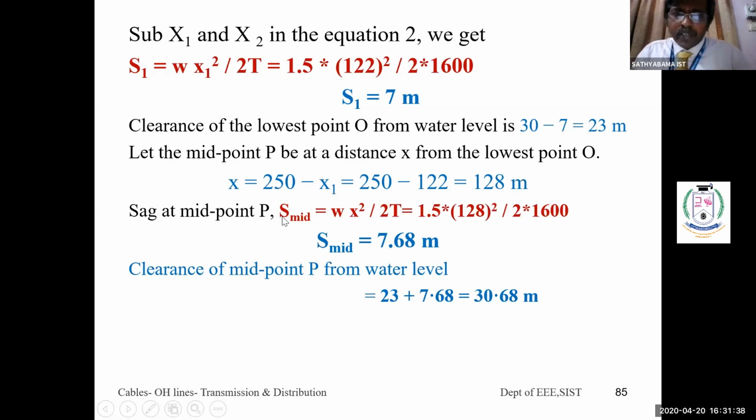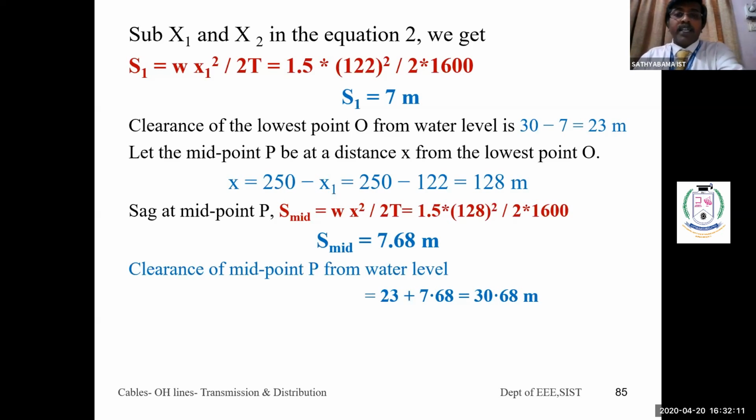And sag at the mid position. The formula is the same, we are just including mid. S is equal to Wx square divided by 2T. The same formula; here we are finding the mid position. So S mid is equal to Wx square divided by 2T. We just calculated your x, 128 meters. W is the weight of the conductor, and T is the tension of the conductor.